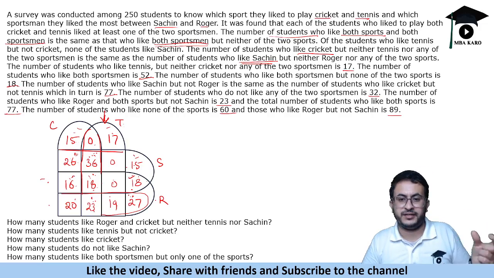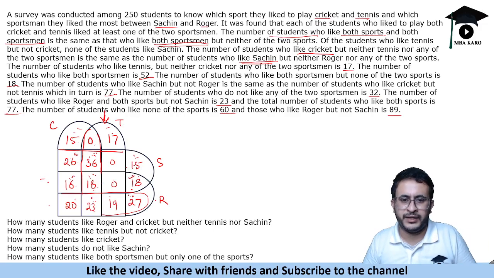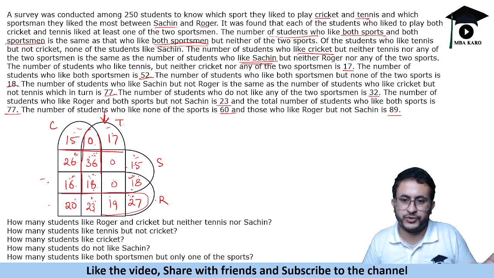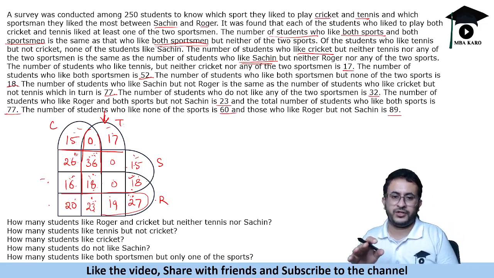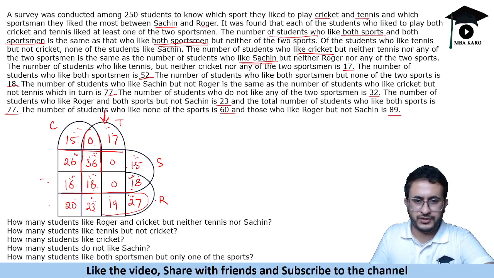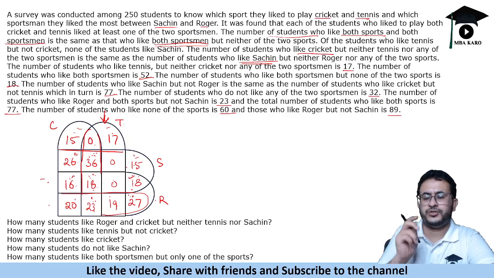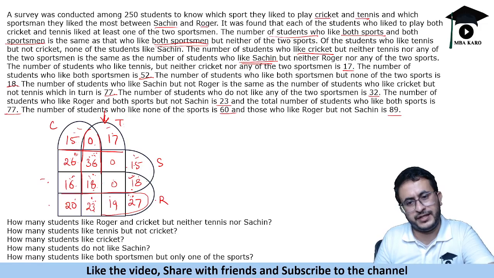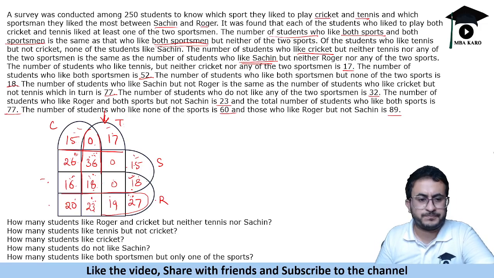What does it mean, like cricket but does not like tennis and neither of the sportsmen, so that means only cricket. So only Sachin and Roger but none of the sports, that means only Sachin and Roger, and that sort of statements you must understand how to interpret. If you interpret those well, you will be able to solve it.